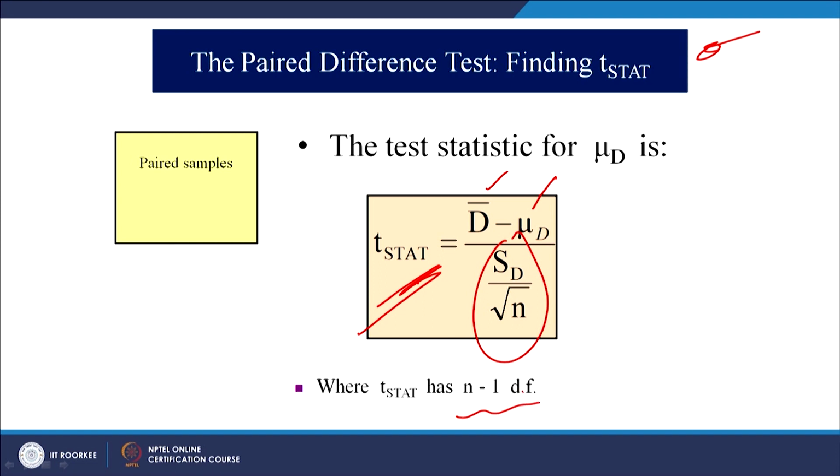In fact, when we worked out questions on 2 sample test for independent samples, the degree of freedom was n 1 plus n 2 minus 2. But since here there is only one sample, you are just collecting data from one sample before giving certain stimuli and after giving certain stimuli.